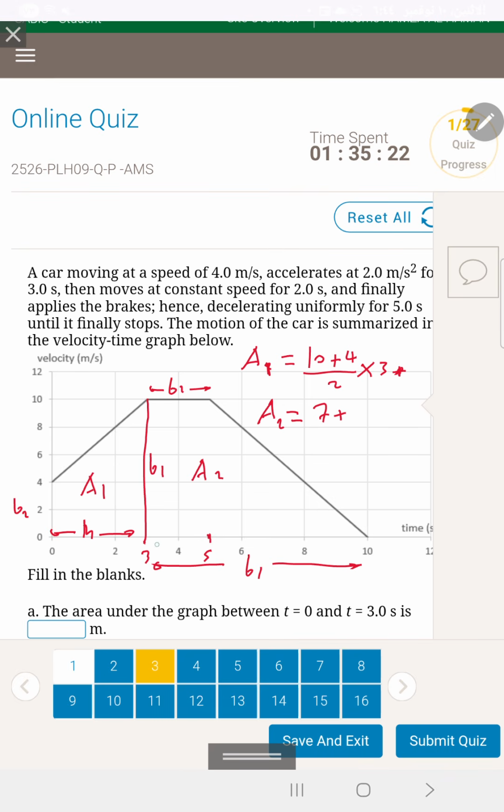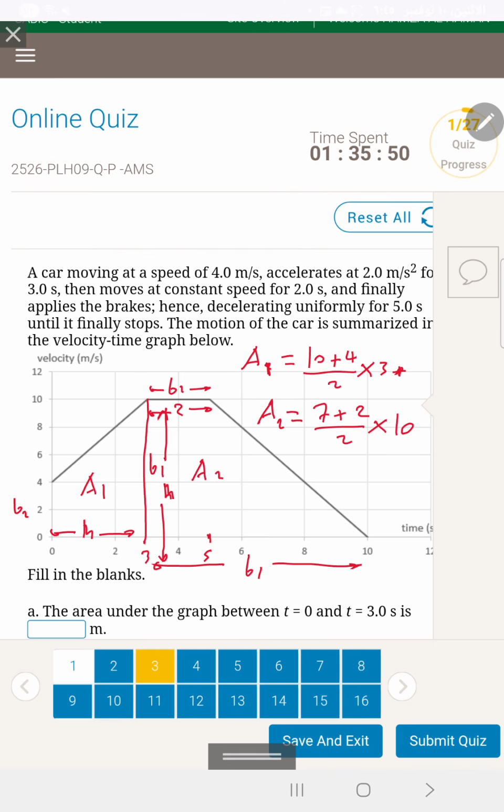Here you have 5. From 3 to 5, it's 2. This distance is 2. So plus 2, divided by 2, times the height. The height in this case will be base 1 in the previous area. So here you have now the height from here to here. That's the height, which in this case is 10.